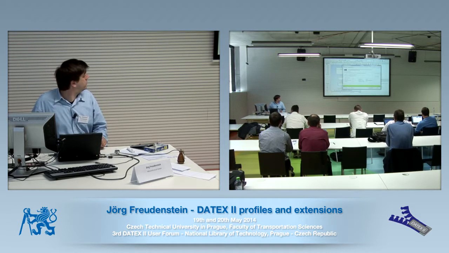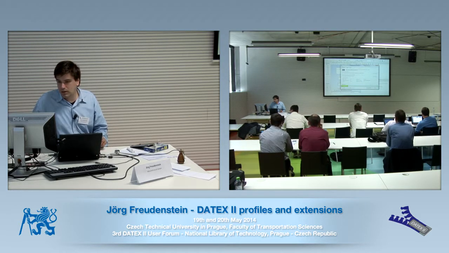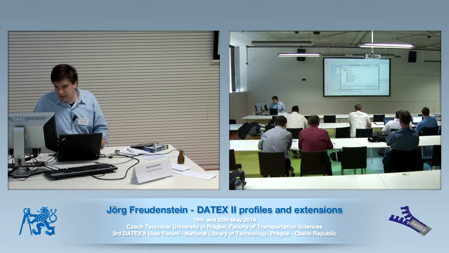Okay, now it's ready. And again, we have to load our selection. I didn't save the selection the second time, so I have to renew the selection here. Okay, this is what we want to have.